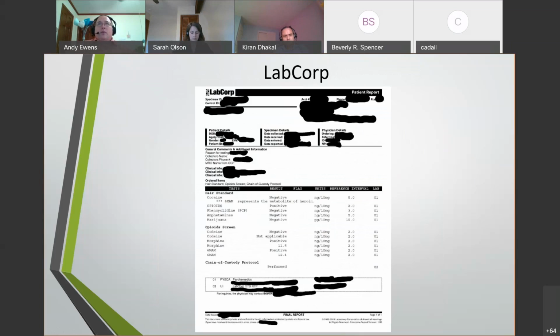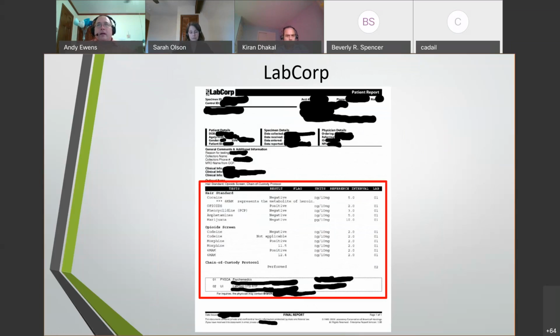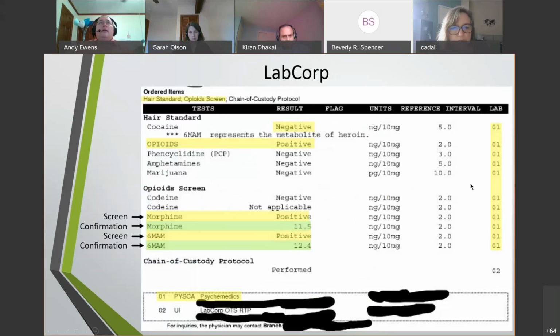This is LabCorp. Here they're giving us a nice table to look at. So we've got hair, that they're looking at opiates. The results are negative for cocaine, PCP. I guess they're saying hair standard plus opiates.